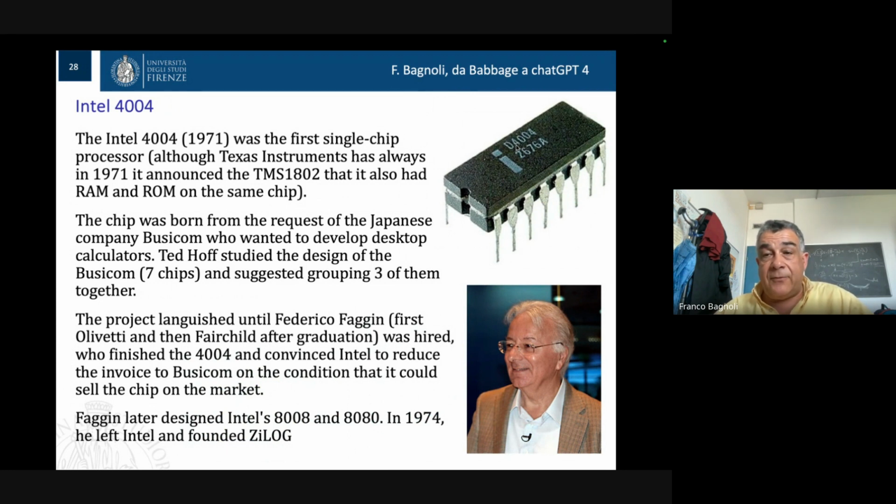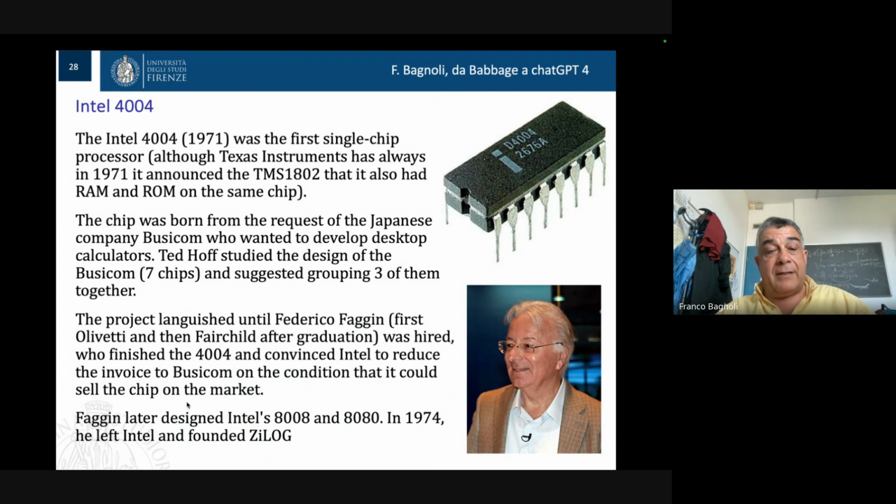This is the 4004, which is the beginning step. It was a 4-bit computer. After that came the 8008 and then the 8080 chips that made Intel famous.